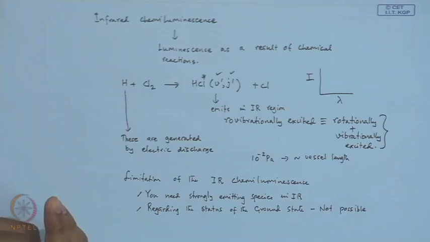Okay. And first, the species should be strongly emitting in the IR, otherwise the infrared luminescence detector will not be very useful. So you need an infrared detector and your species should be strongly emitting in IR.